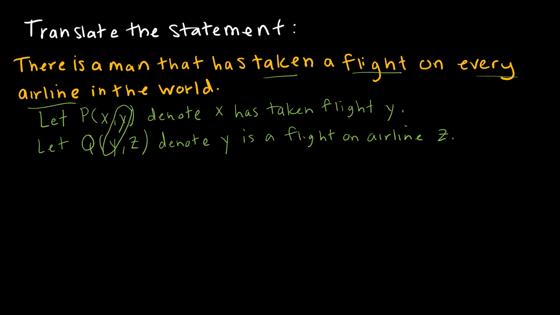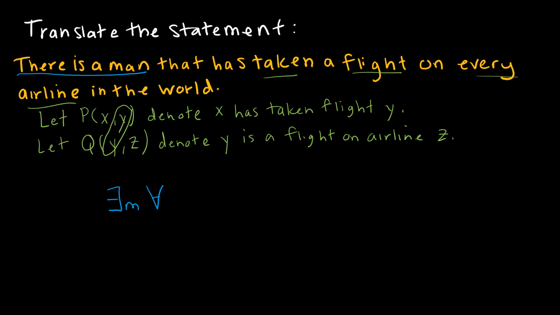I now have all of the tools that I need to be able to write this sentence. I'm going to say, there exists a man. What do I know about this man? That he has taken a flight on every airline in the world.